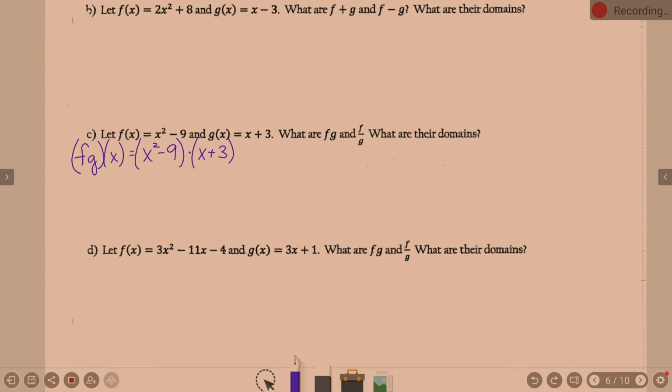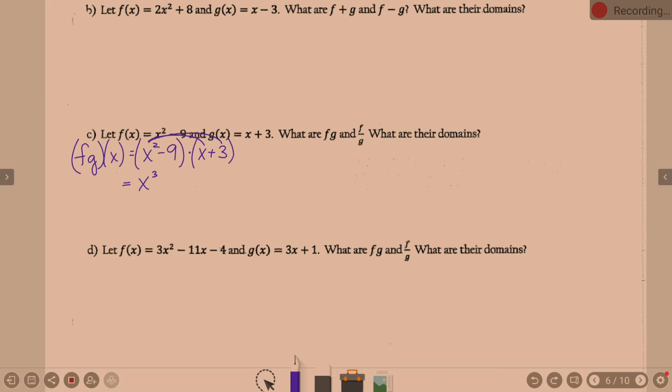How do I multiply these? FOIL. Math Excel is going to make you simplify it out. So we are going to FOIL this out. In other words, doing any simplifying you can. First, x squared times x is x to the third. Add your exponents. When you're multiplying, add your exponents.